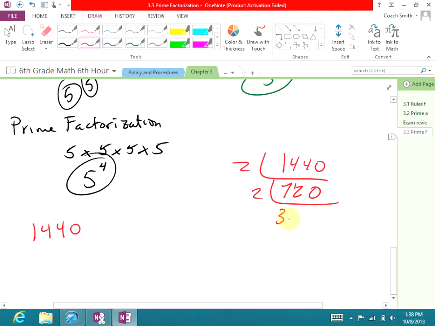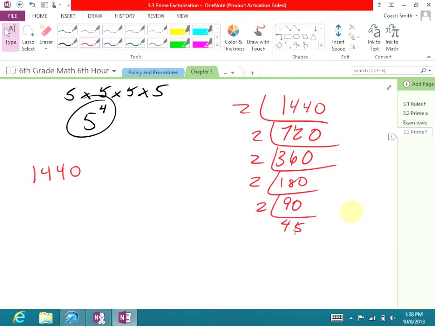2 goes into 12 6 times. 2 goes into 0 0 times. I know 2 will go into it again. 2 goes into it 180 times. 2 goes into that 90 times. 2 goes into that 45 times. 5 goes into 45 9 times. 3 and 3.